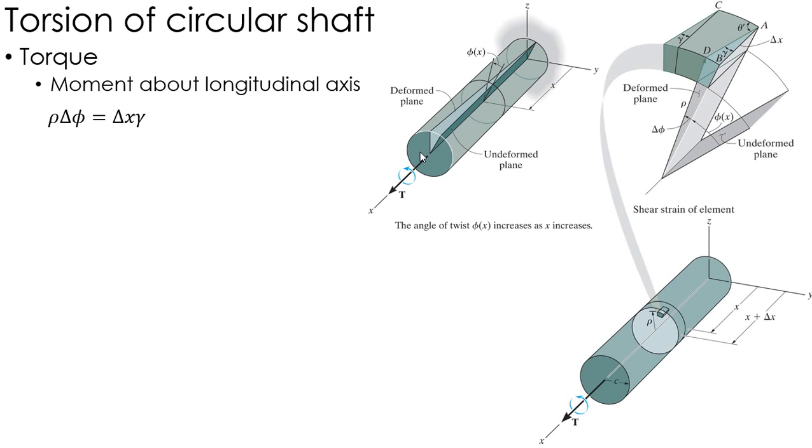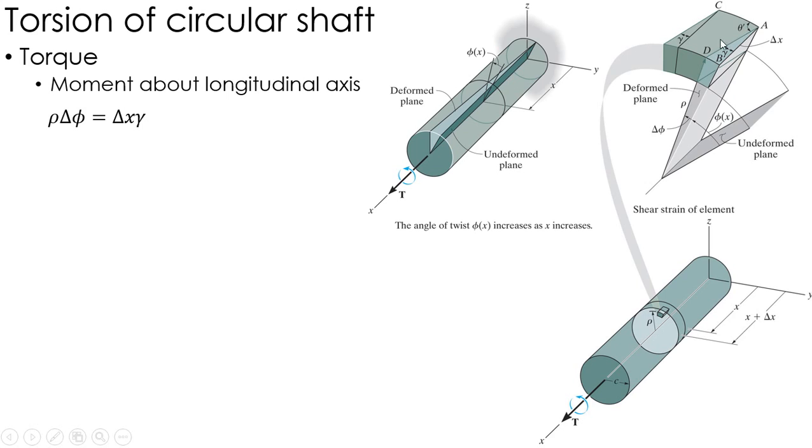Okay, so if I take that and I grab just some arbitrary disk that has a thickness dx at some distance x away, and I pull out just a little infinitesimal size thing that's a radial distance rho away from the longitudinal axis, that's what we're looking at up here.